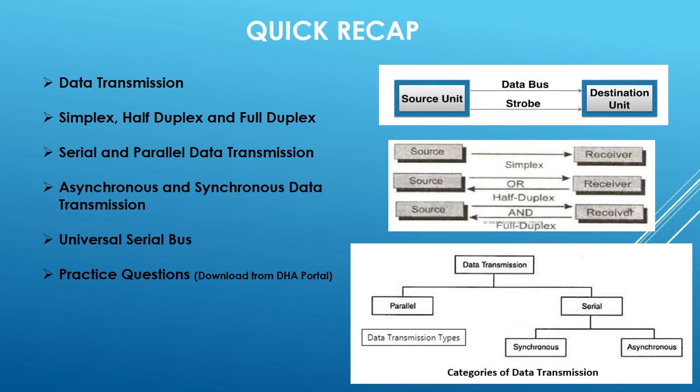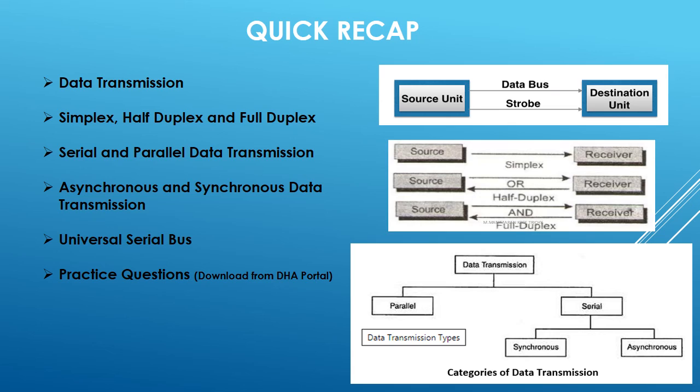In simplex data transmission, data is sent from source to destination in one direction only. In half-duplex data transmission, data is transmitted from source to destination in both directions but in one direction at a time. While in full duplex data transmission, data is transmitted from source to destination in both directions simultaneously.